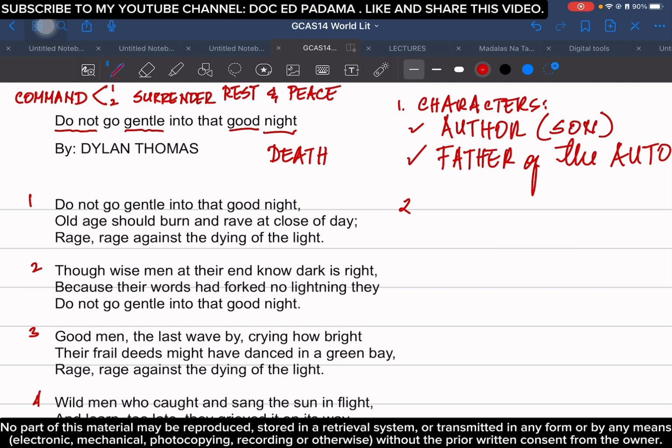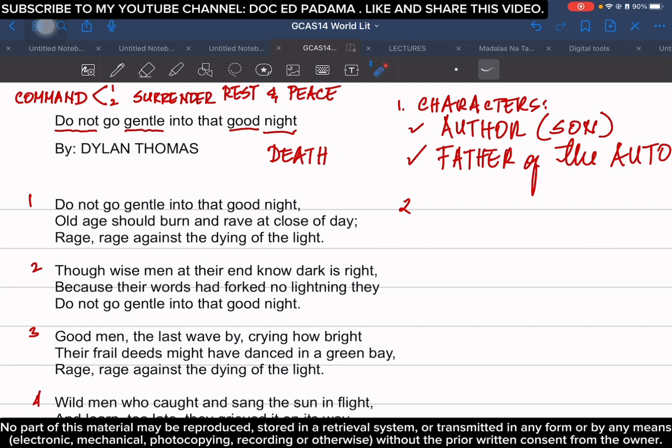Let's try to put the ideas together based on the simplified terms referring to the symbols that were used in the title. So somebody is giving a command, which is do not. Okay, do not what? Do not surrender. Do not surrender into what? Into death, even if death means rest and peace.